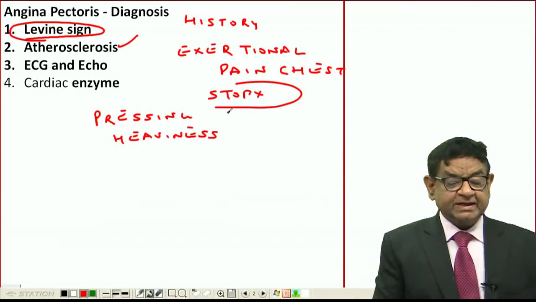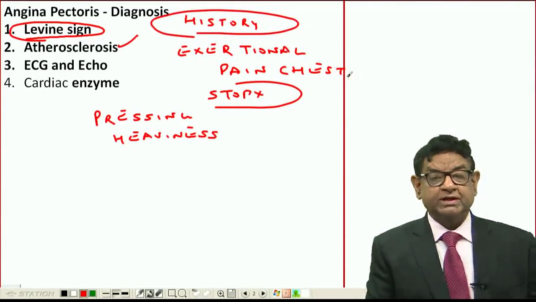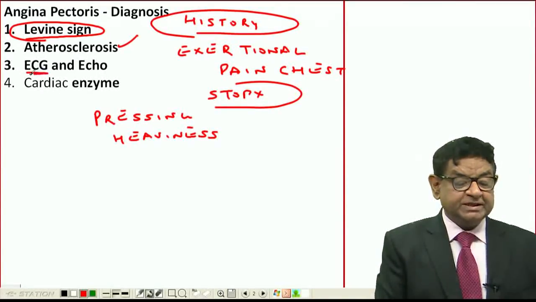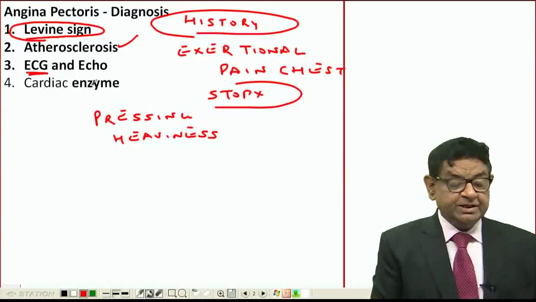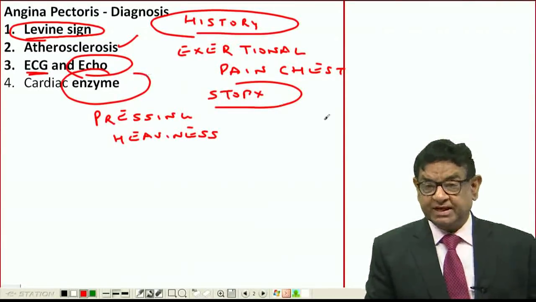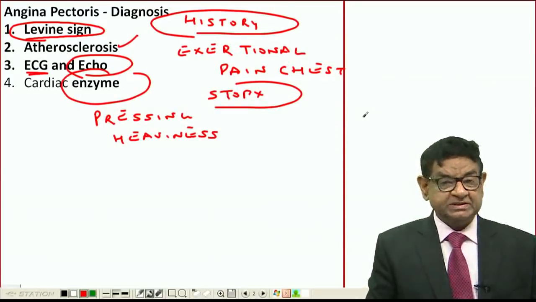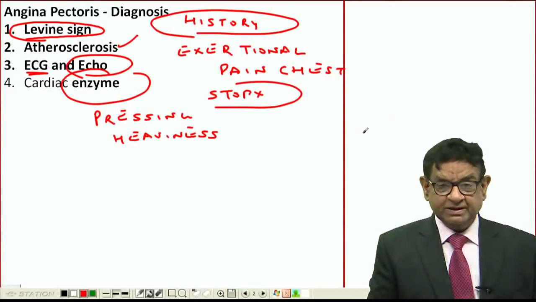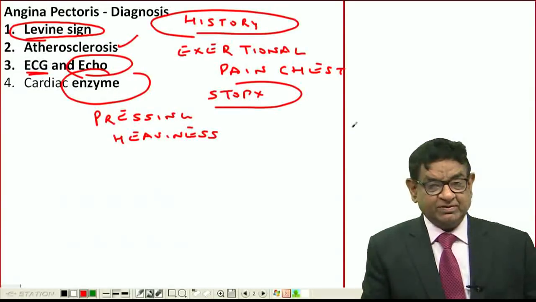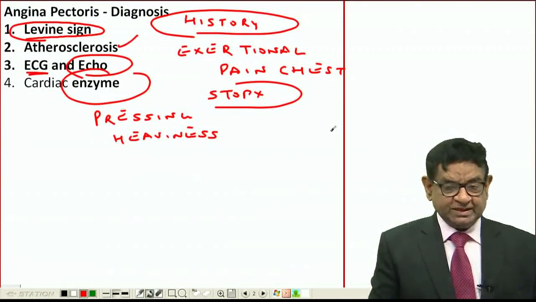But I said, history is the most important to diagnose angina. Why? Because ECG may be normal, echo is usually normal, and cardiac enzymes are normal in a case of stable angina. So that's why Levine sign is the classical thing we get to see for angina.